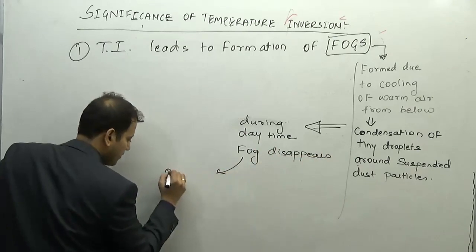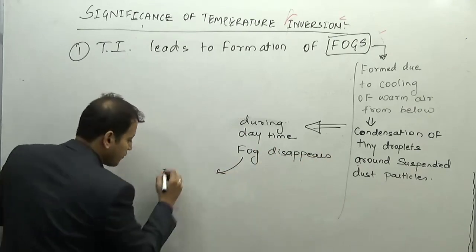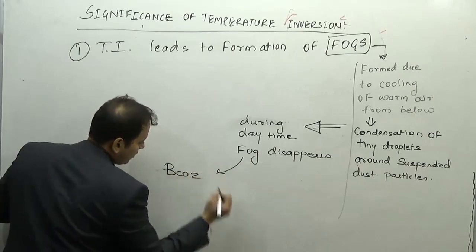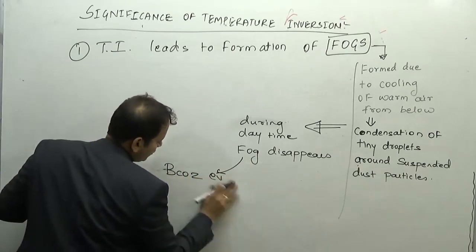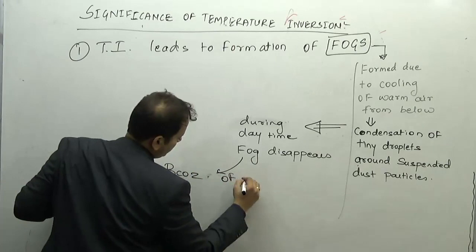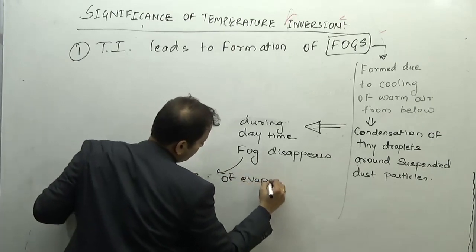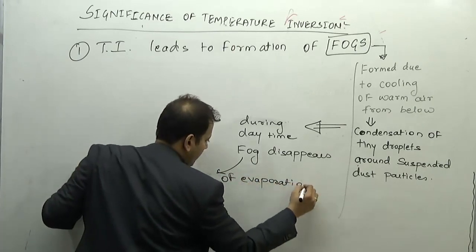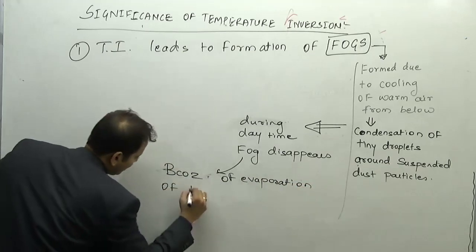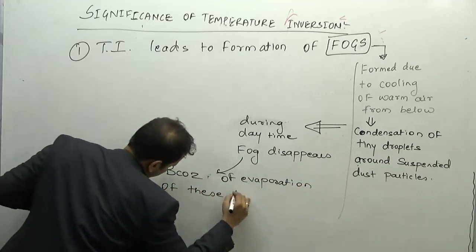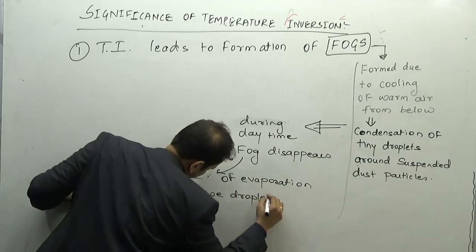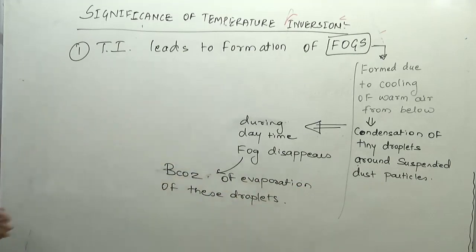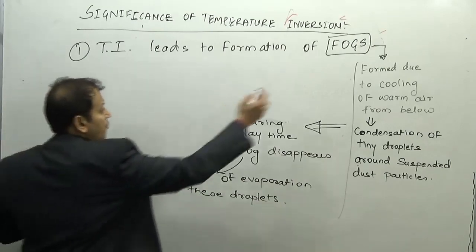Because exactly opposite of condensation occurs, because of evaporation of these droplets, because of the evaporation of these droplets. Now, what are the different types of fogs?